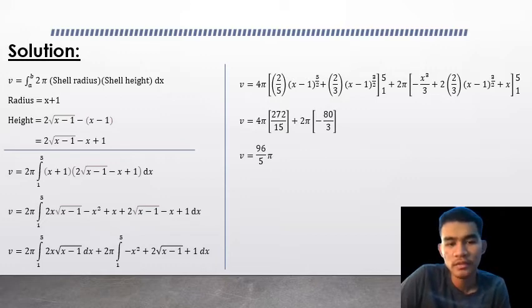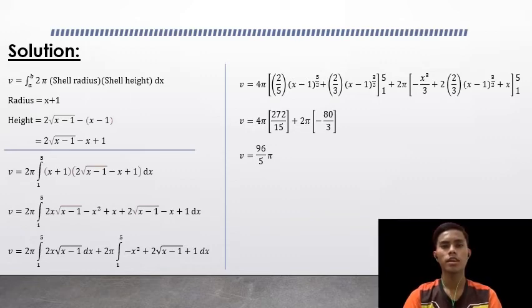The radius equals x plus 1. The height equals 2 square root of x minus 1 minus (x minus 1), which equals 2 square root of x minus 1 minus x plus 1. And then V equals 2 pi integrated from 1 to 5 of (x plus 1) times (2 square root of x minus 1 minus x plus 1) dx.